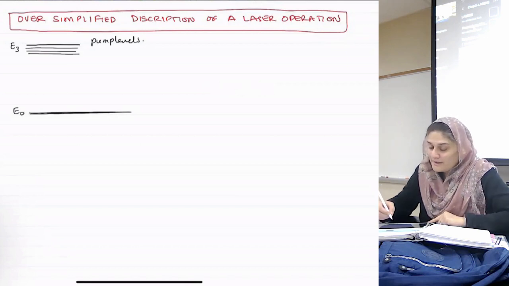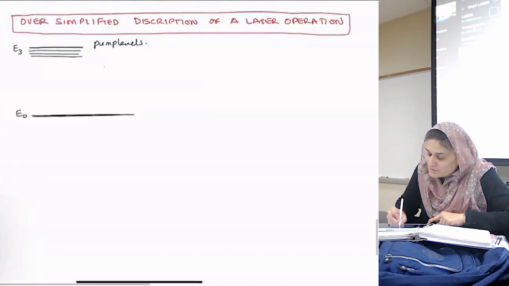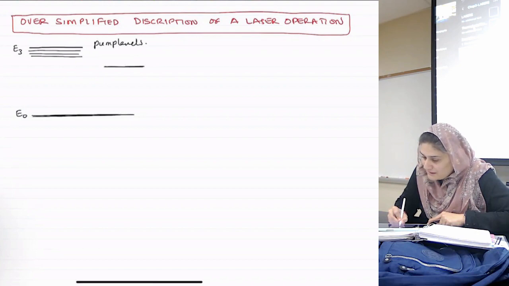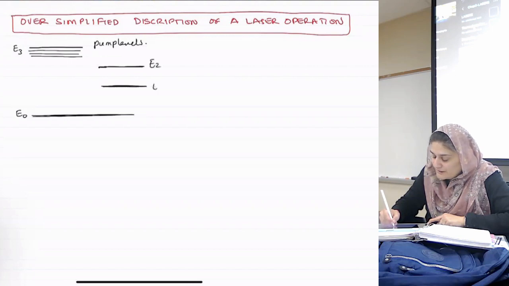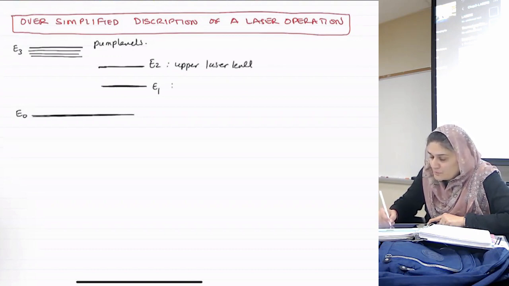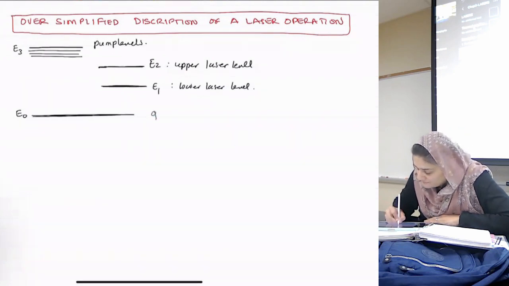So what we will need is for our particular gain medium to have two additional guaranteed levels. I'm going to call them E2 and E1. E2, let's call it upper laser level, and E1 will be the lower laser level. Oh, and then we'll call this one ground level.